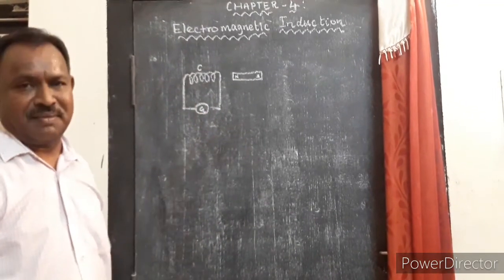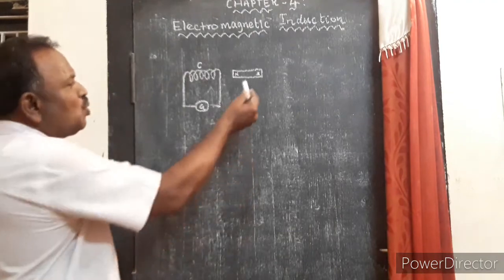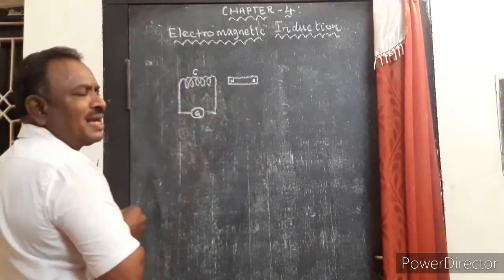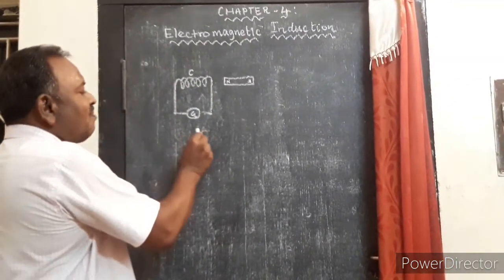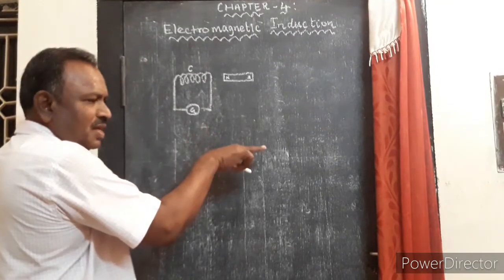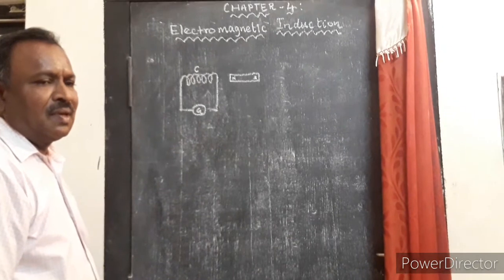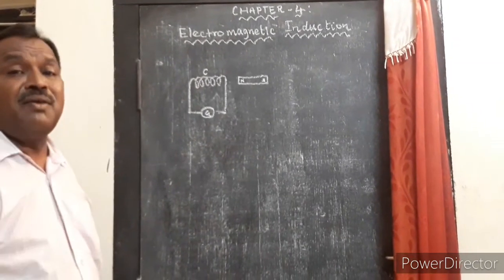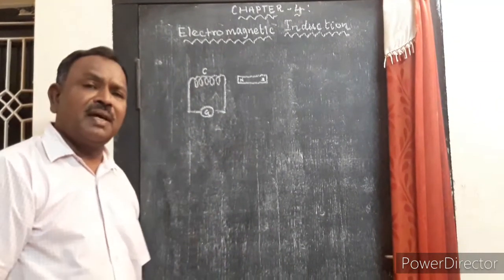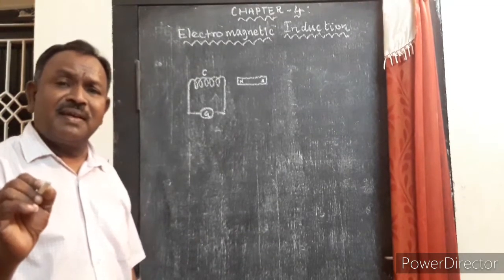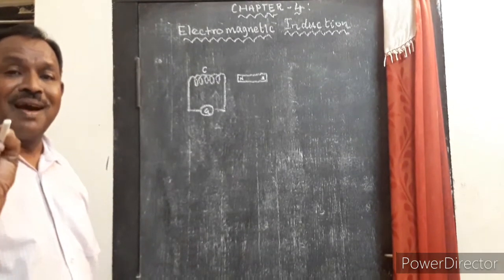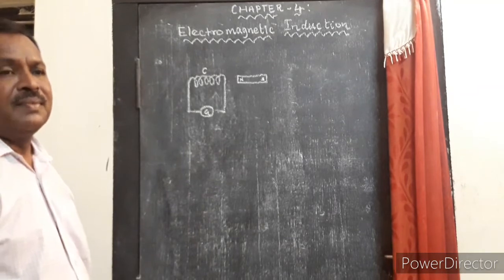shows deflection. So, when I move the magnet towards the circuit, the galvanometer shows deflection in one direction. From the direction of the galvanometer deflection, we infer that there is a flow of current in the circuit.